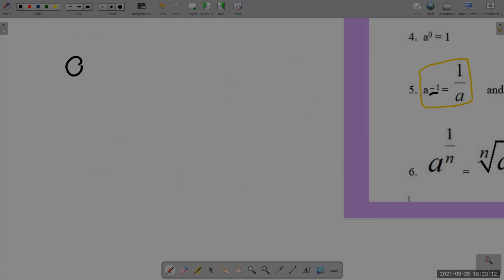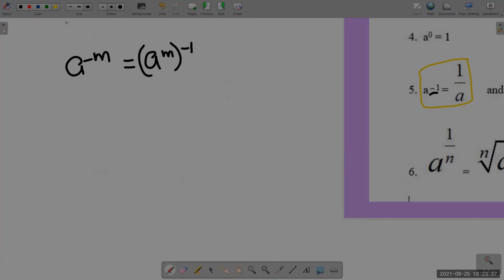So if I have A to the minus M, they're saying the same thing as saying A to the minus 1 and put M outside. Another way to write this too is by saying A to the M, all to the minus 1. How do we know this is true?